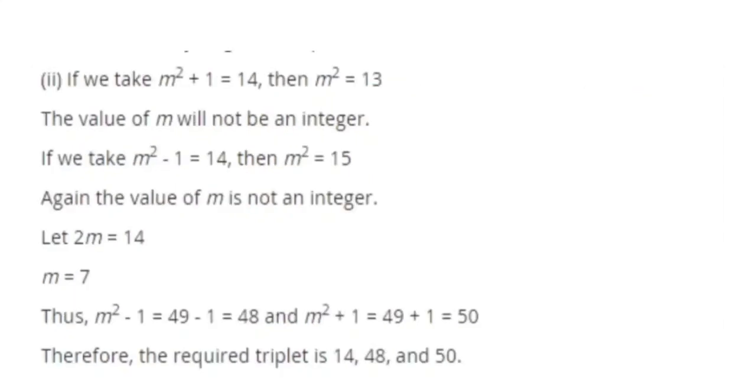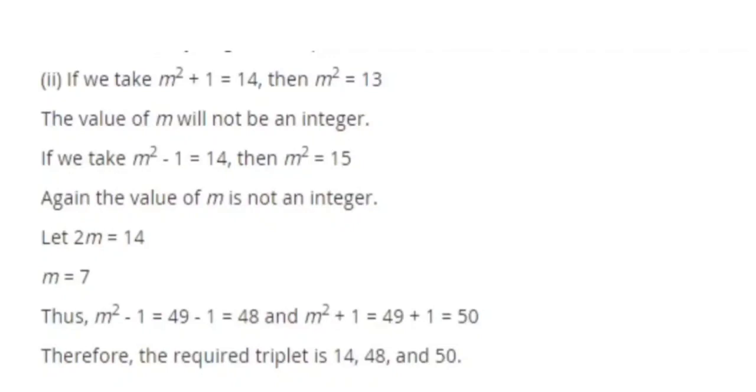See the second one, 14. Again take m square plus 1 is equal to 14. So m square will come 13. And the value of m will not be an integer. Second one, if we take m square minus 1 is equal to 14, so m square is equal to 15. Okay. Again the value of m is not an integer. Now I'll take 2m is equal to 14.